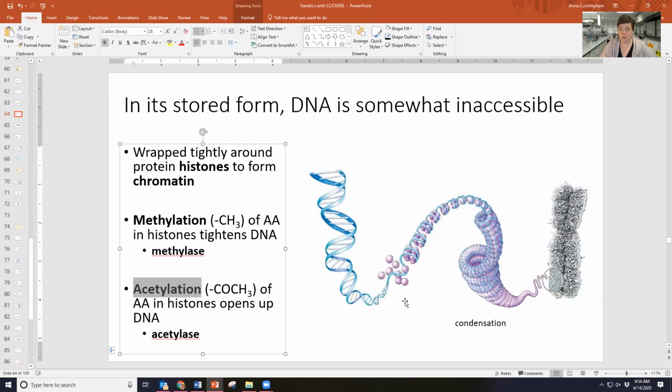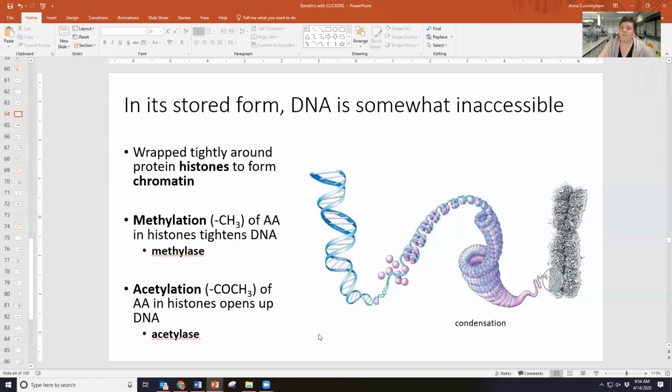Something to note is that how we get DNA to wrap around these histones is via the process of methylation. Remember that proteins are made of amino acids and histones are proteins, so these histones are composed of tons of amino acids.